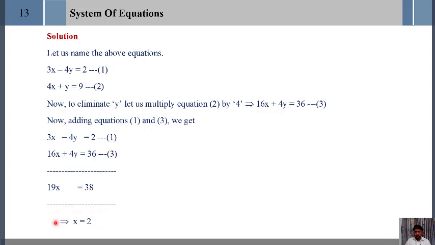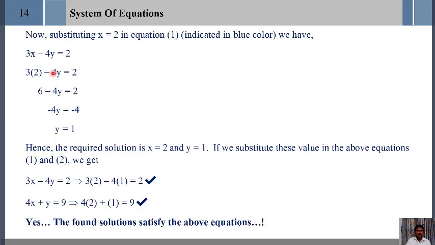Now if we substitute x equal to 2 in either equation, we can get the value of the other variable y. Substituting x equal to 2 in equation 1, we get 3 into 2 minus 4y equal to 2, therefore minus 4y equal to minus 4, therefore y equal to 1. Hence the required solution is x equal to 2 and y equal to 1.